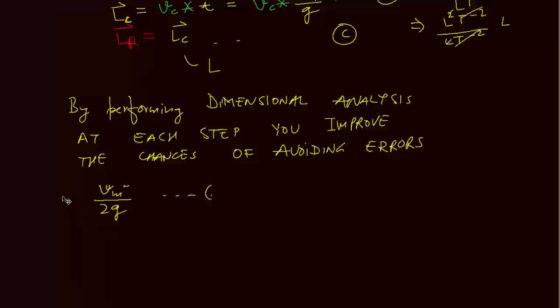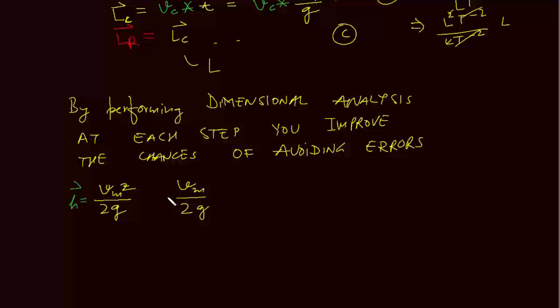So my h is Vm square divided by 2g, and God forbid if you made a mistake and you forgot to put this 2, so instead you end up writing Vm divided by 2g for h.